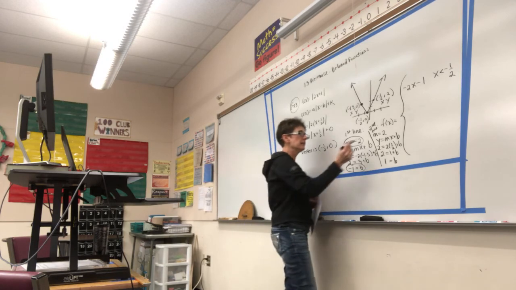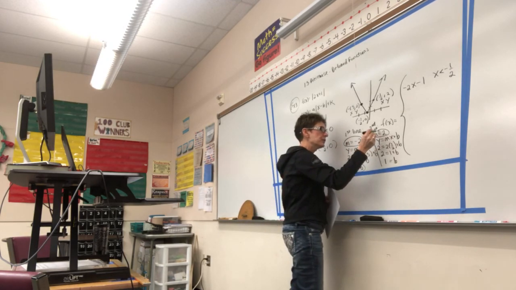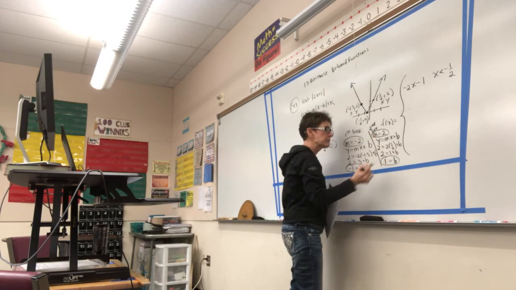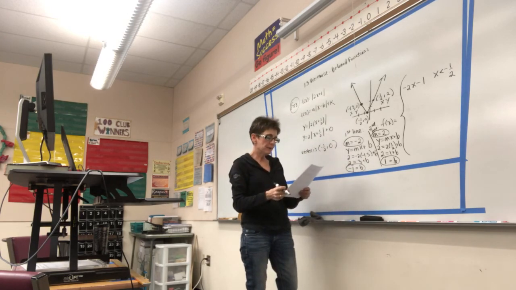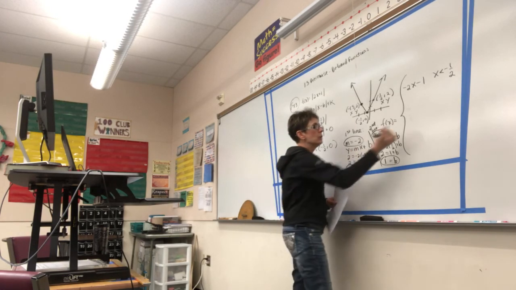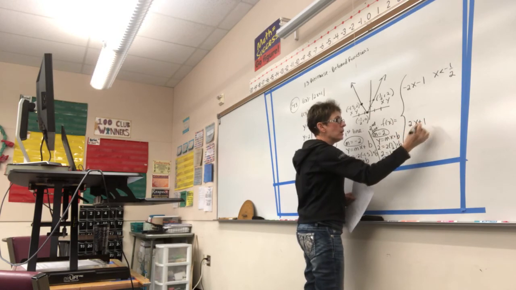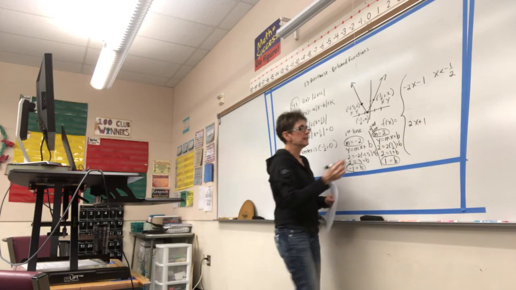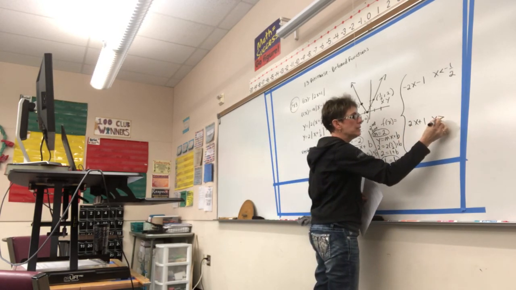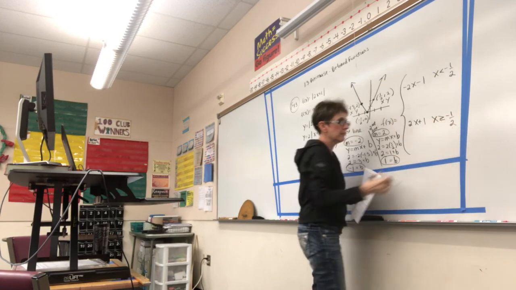So my second line has a slope of 2 and a y-intercept of 1. So f of x would be equal to 2x plus 1 when x is greater than or equal to -1/2.